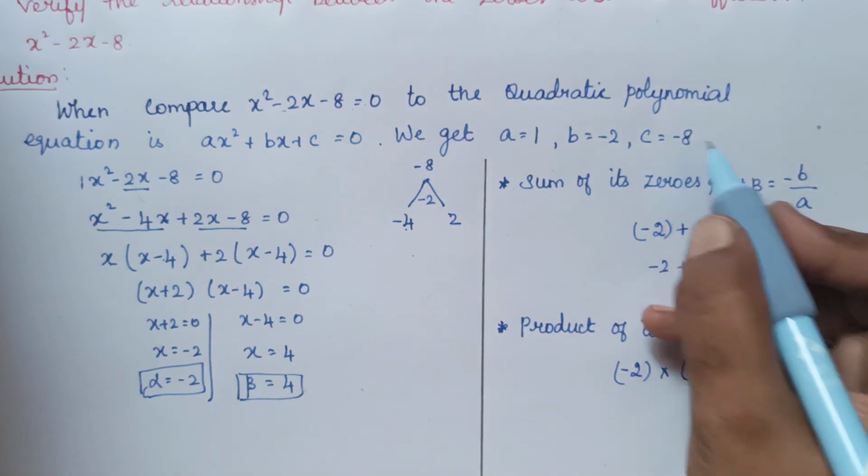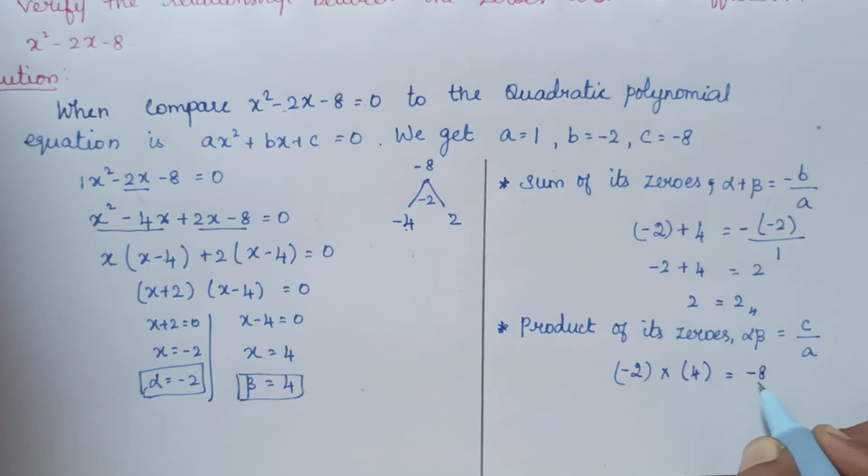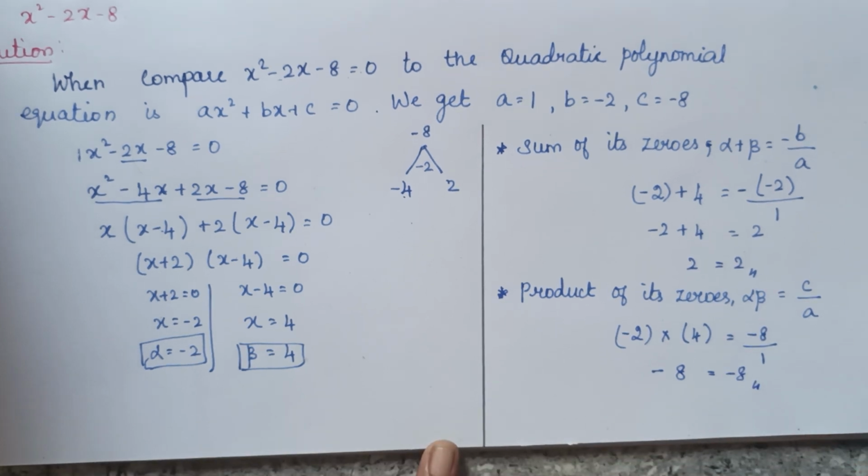What is the answer for c by a? A is equal to 1. Now multiply this: minus into plus, minus. 2 fours are 8, so here minus 8. The denominator is 1, we don't need to mention it. Therefore, hence it is verified.